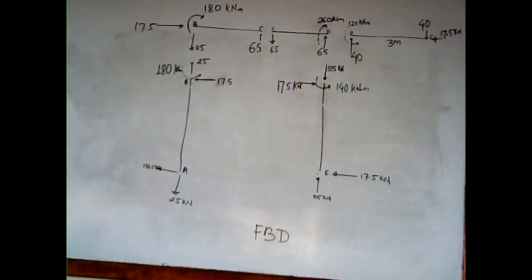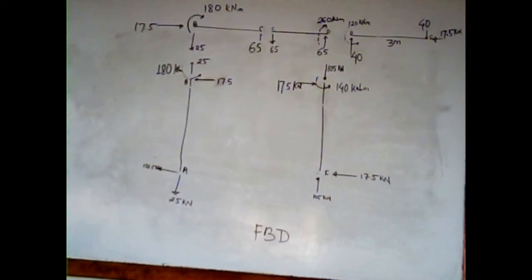and if we calculate the moment at section ED at joint D, there will be a clockwise moment of 120 kilonewton meter, and to balance this we need to provide 120 kilonewton meter at this point D. So at point D we have 260 kilonewton meter in clockwise sense, and 120 kilonewton meter moment in anti-clockwise sense.